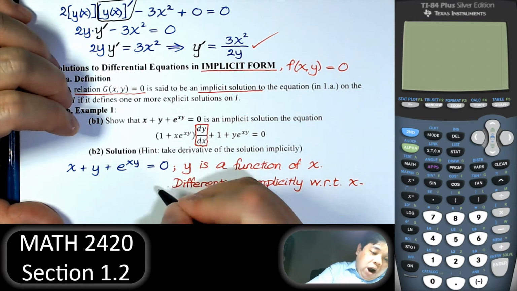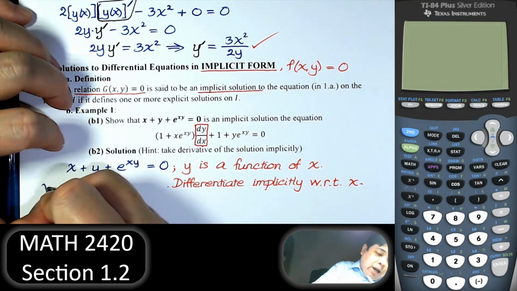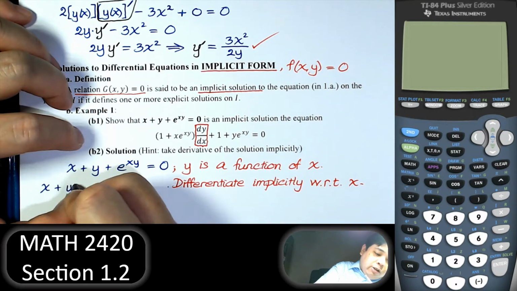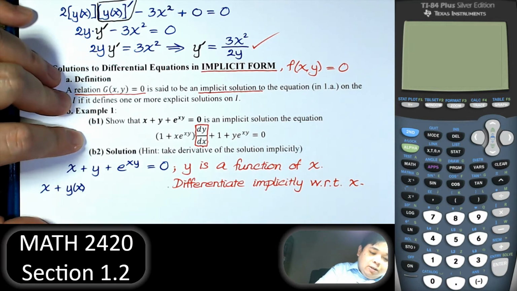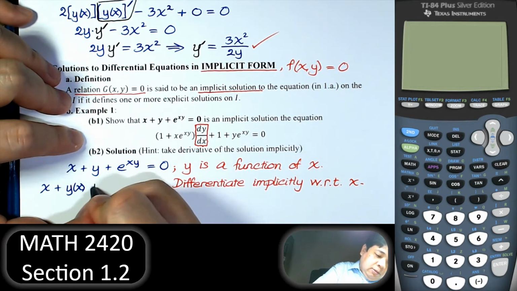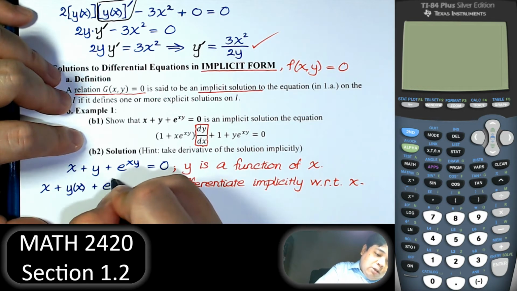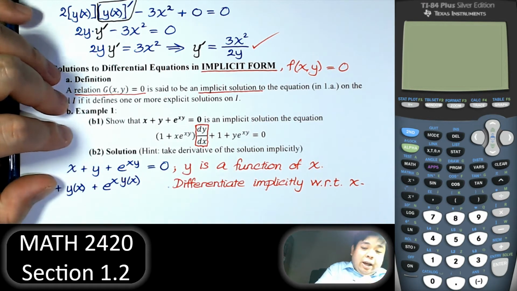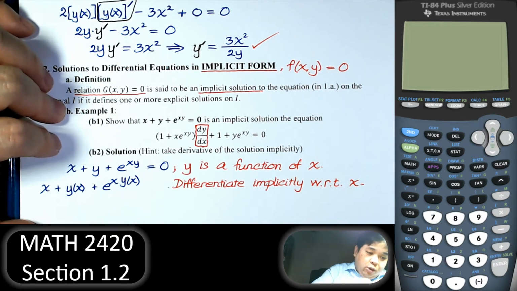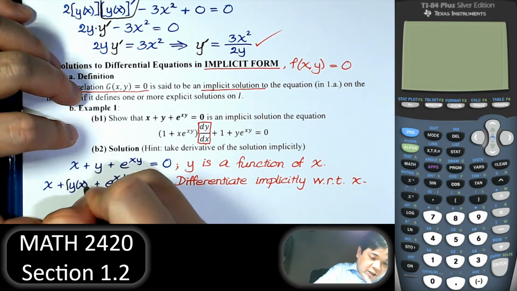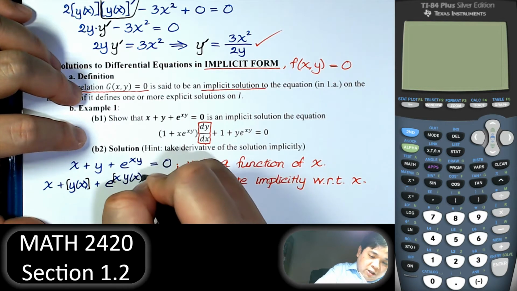Right, now y is a function of x. We can write y of x. It is not y times x, it is y as a function of x. Now when we take the derivative, let's put that in the box.